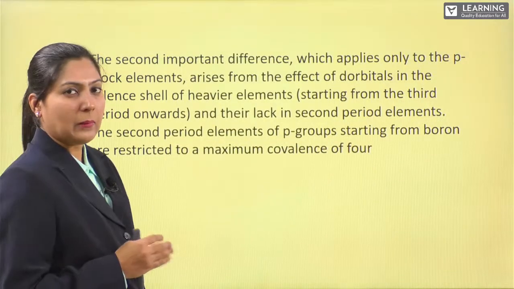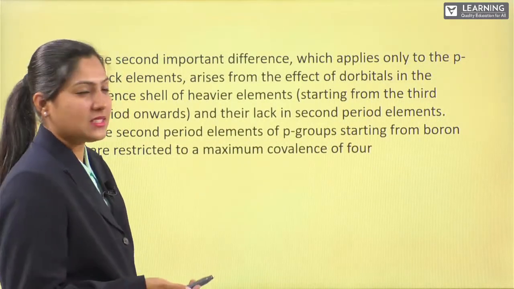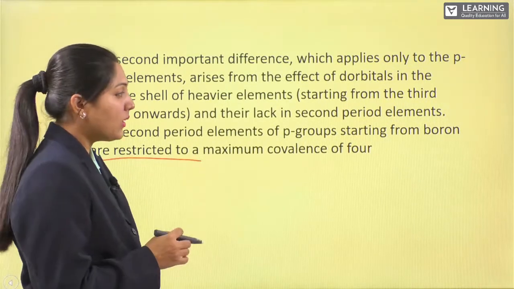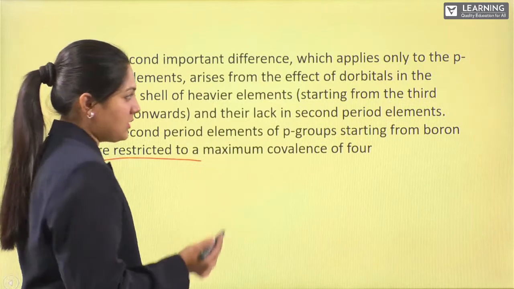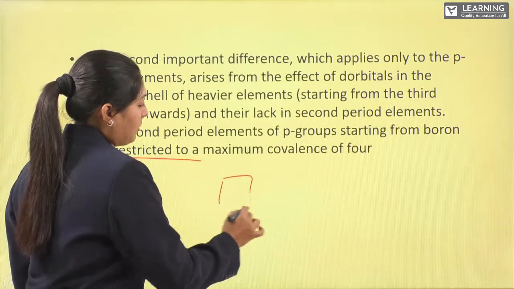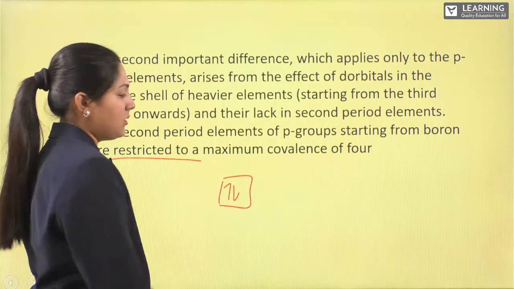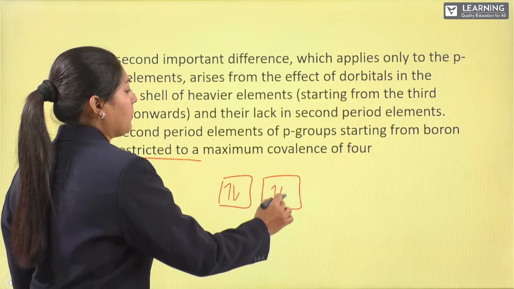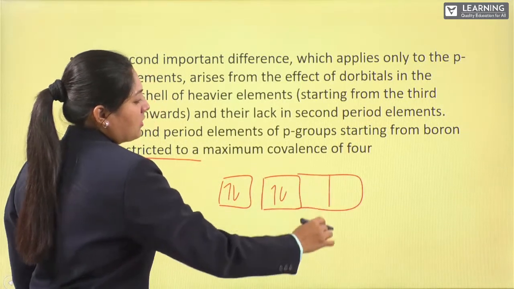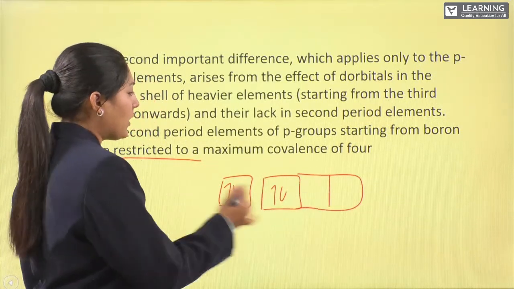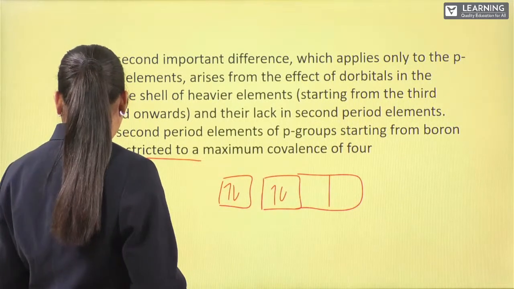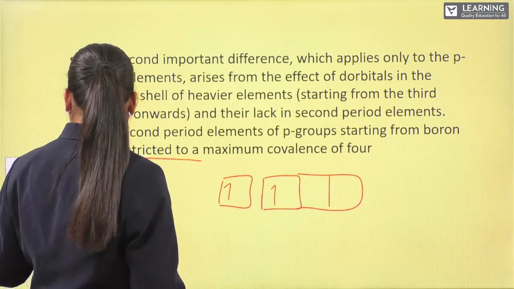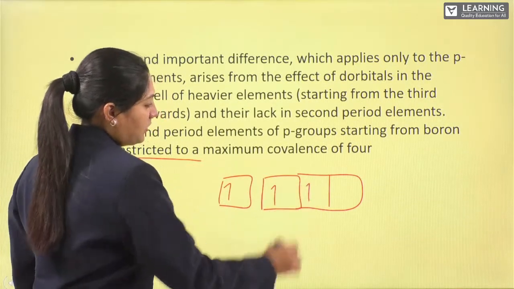The second period elements of P block, starting from boron, are restricted to the maximum covalency of 4. Means boron, if you take, will have 2 electrons in the s orbital, and in the p orbital, it will have only 1 electron.